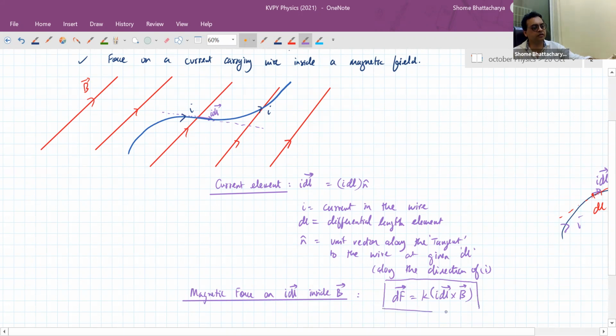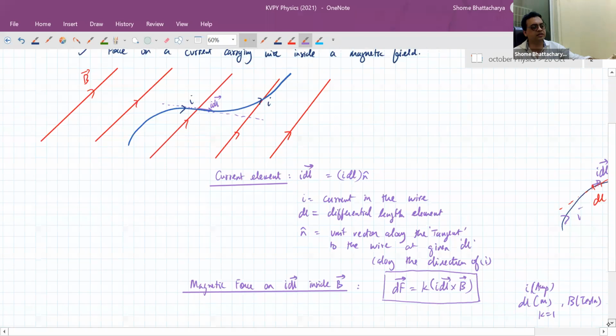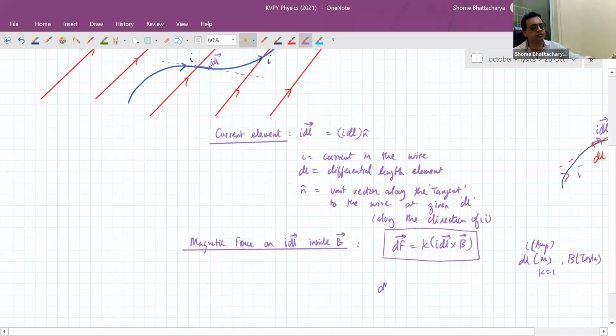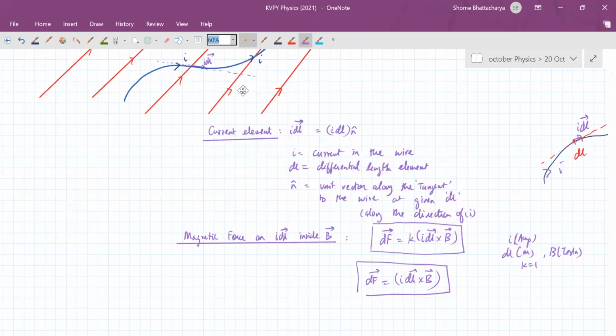So when we take I in amperes, DL in meters, and magnetic field in Tesla, we can see that that constant actually becomes 1 in SI system. So this reduces to IDL cross B.